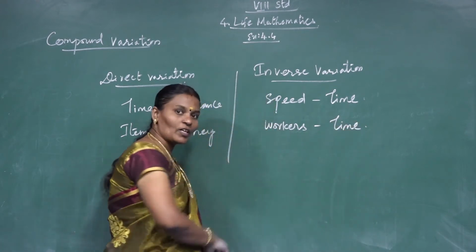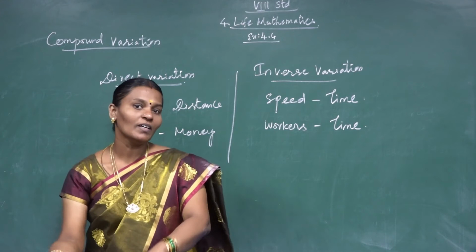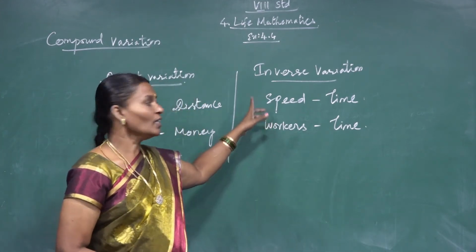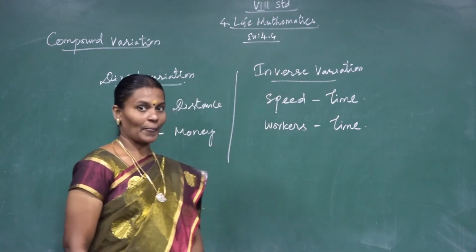If you increase the workers, definitely the time will be reduced. So this type of variation is called inverse variation.